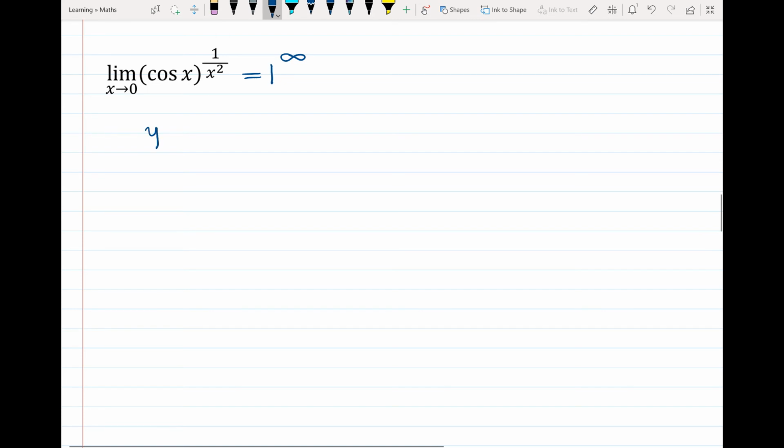First, we name cosine of x to the power of 1 over x squared y, and we take ln from both sides. And we have ln of y equals 1 over x squared times ln of cosine of x.